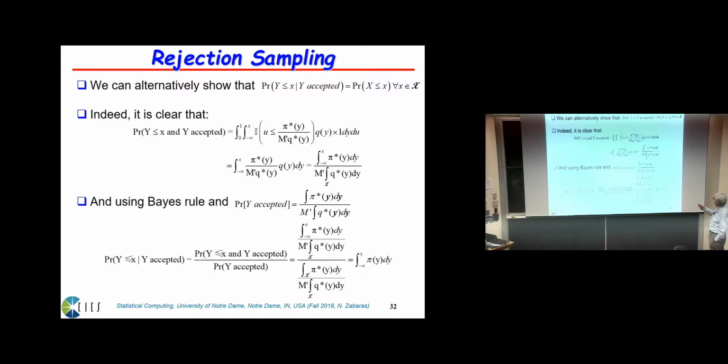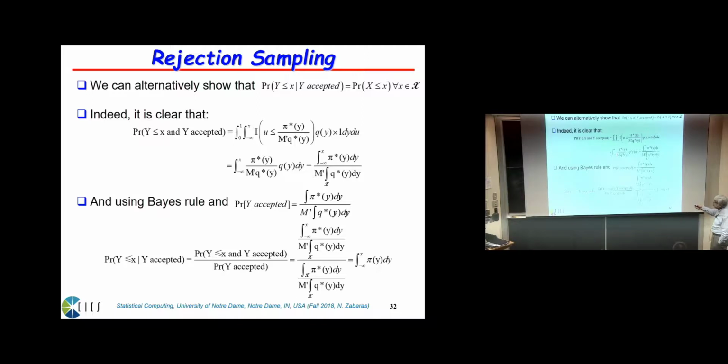Now I can get rid of the integration in u. Will you agree with me if you integrate from 0 to 1 this indicator function in u, that you will get this? It's a uniform random variable, right, equal to 1. So what is the integral of the indicator function that u is less or equal to that?